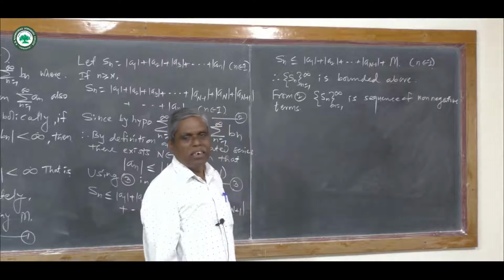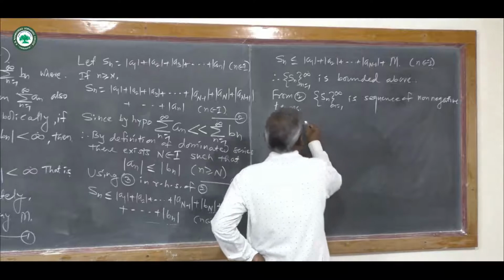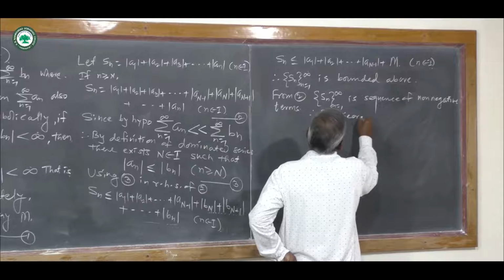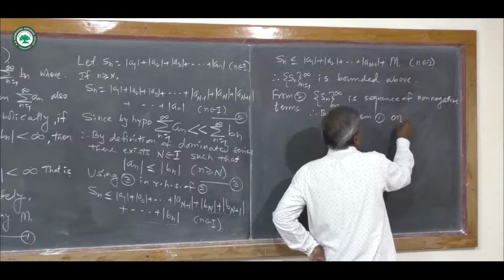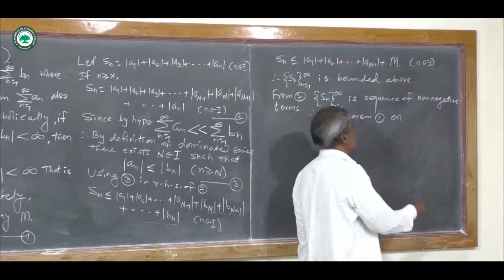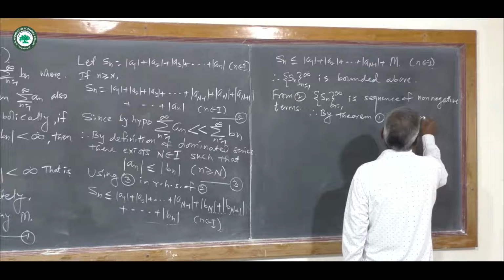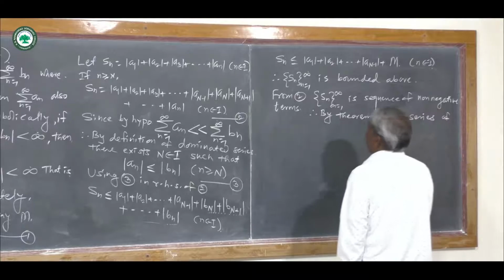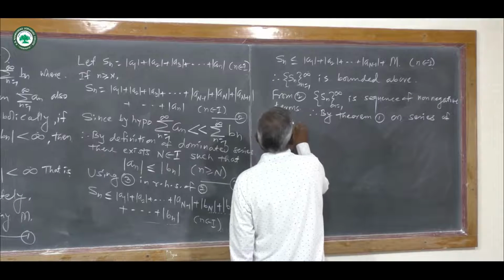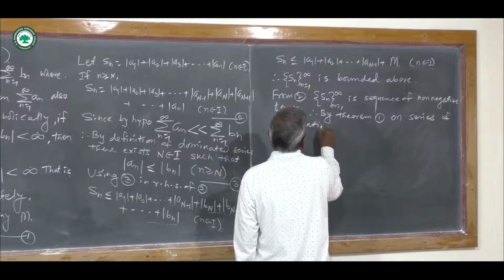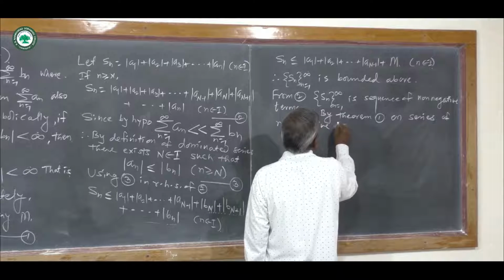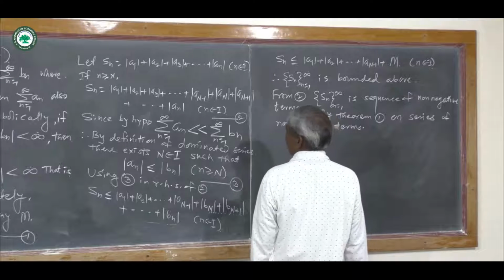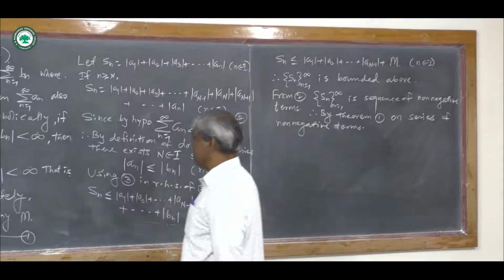Therefore, by theorem 1 on series with non-negative terms, a series of non-negative terms or numbers whose sequence of partial sums is bounded above converges.